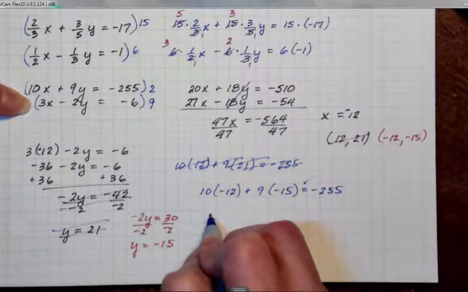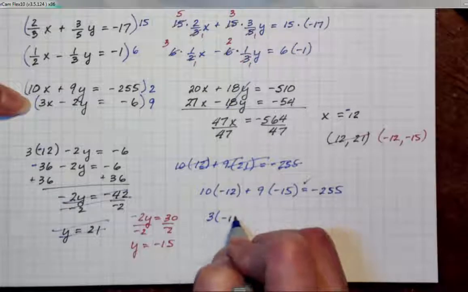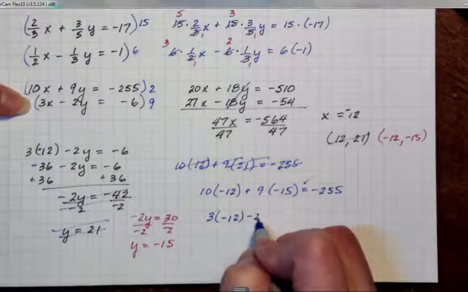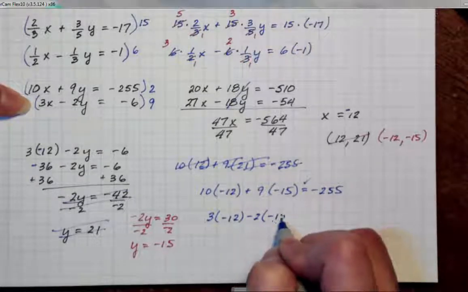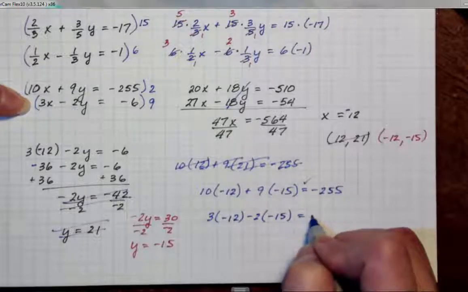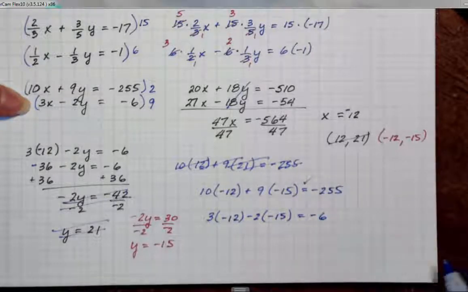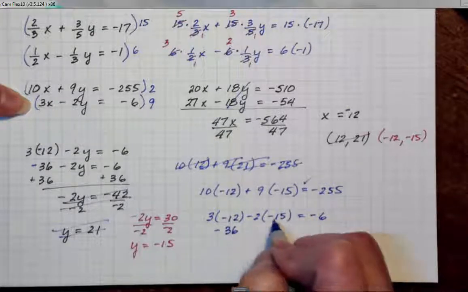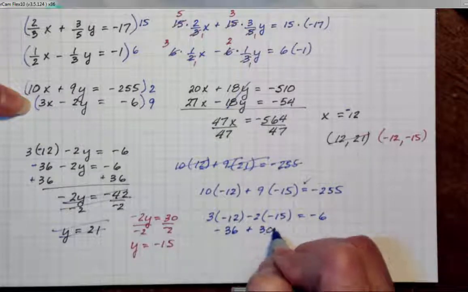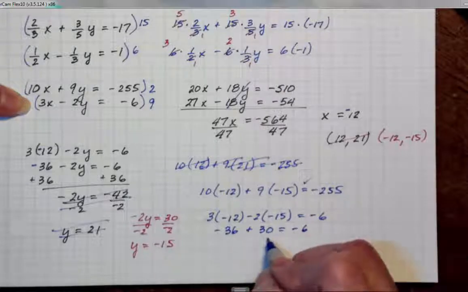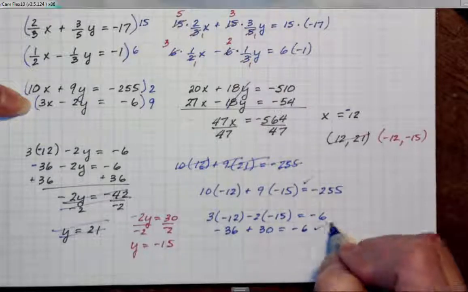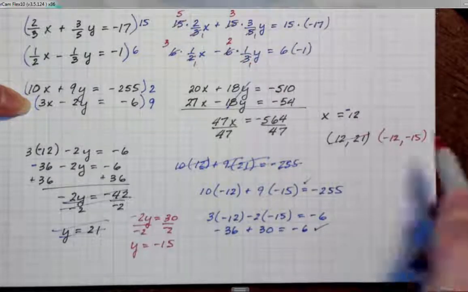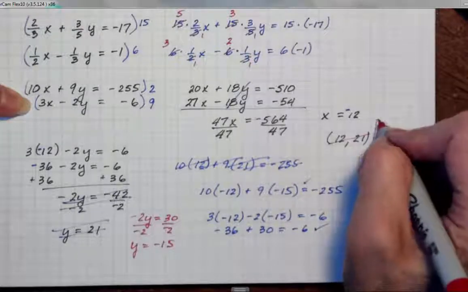So is 3 times negative 12 minus 2 times negative 15 going to be equal to negative 6? 3 times negative 12 is negative 36. Negative times a negative gives me a positive 30. Is negative 36 plus 30 equal to negative 6? Yes, it is. And therefore, my answer to my second equation now is (-12, -15).